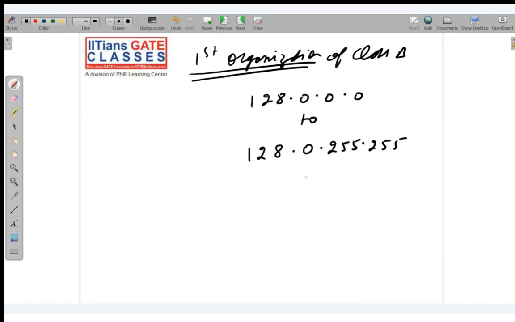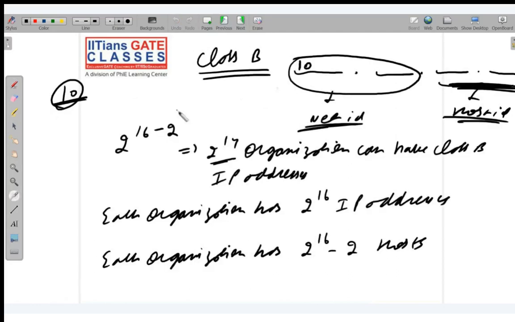The first organization of class B, sir, we start from 128. Why? I didn't understand, sir, because in class A we started from 1. See, what was the condition for class B? First octet, first bit is 1 and second bit is 0.